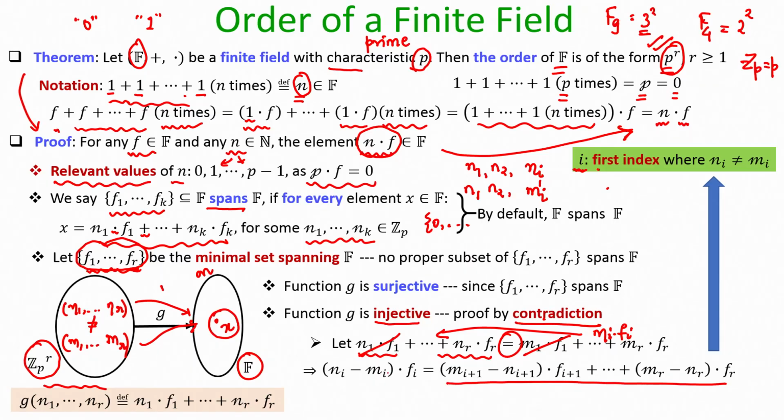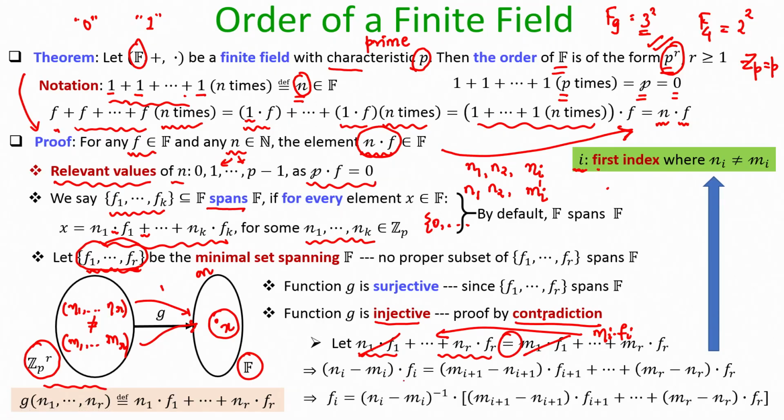Now, if I get this equation, what I can say is the following. If I multiply both the sides of the equation by the multiplicative inverse of this element, the multiplicative inverse of the element Ni minus Mi exists, because as per the definition Ni is not equal to Mi, that means Ni minus Mi is not 0, and if it is not 0, then as per the definition of a field, I do have a multiplicative inverse of this element.